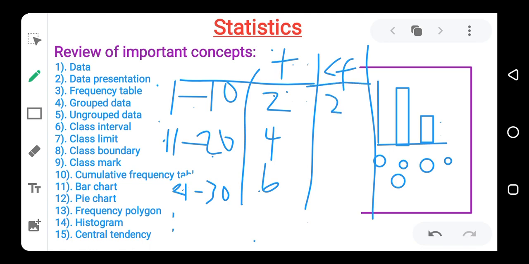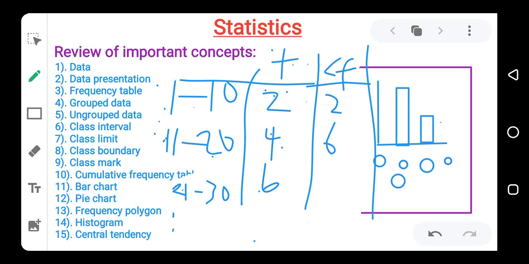Now for the second one, which is 11 to 20, the frequency of 11 to 20 is 4. The frequency of the one that is coming before 11 to 20 is 1 to 10, which is 2. So when we add the two of them, 4 plus 2 will give us 6. That is the cumulative frequency of the interval 11 to 20.